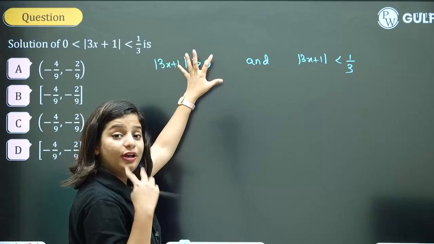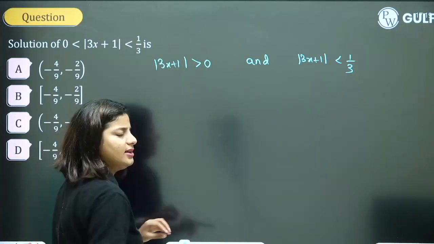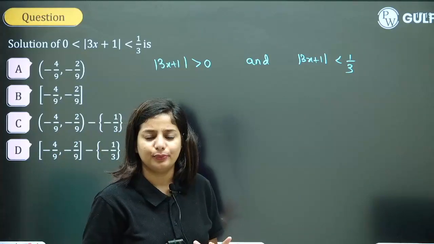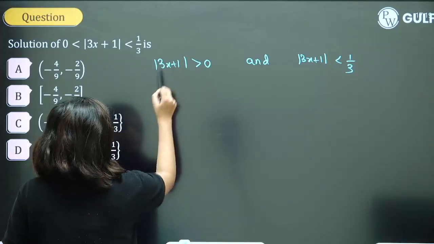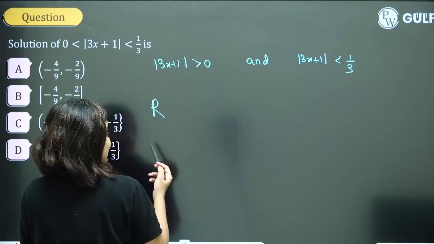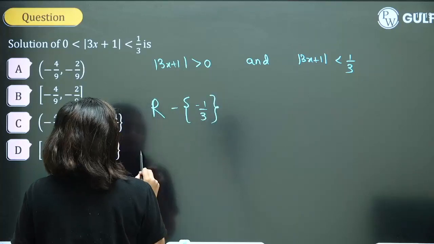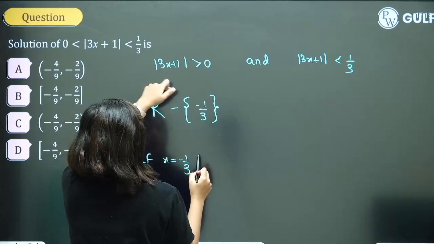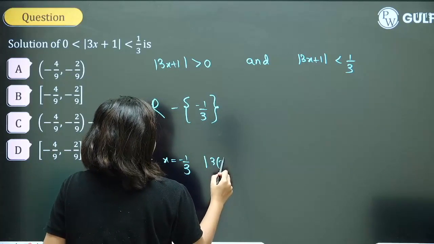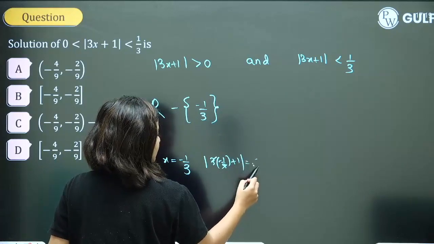Now, according to the slide which I gave, greater than 0. When is the modulus value greater than 0? Mod, the absolute value, is always greater than or equal to 0. So this is true for all real numbers except minus 1 by 3. Do you all agree with me? Because if you take x equal to minus 1 by 3, what will happen to this mod? 3 into minus 1 by 3 plus 1, minus 1 plus 1, it will give me 0.